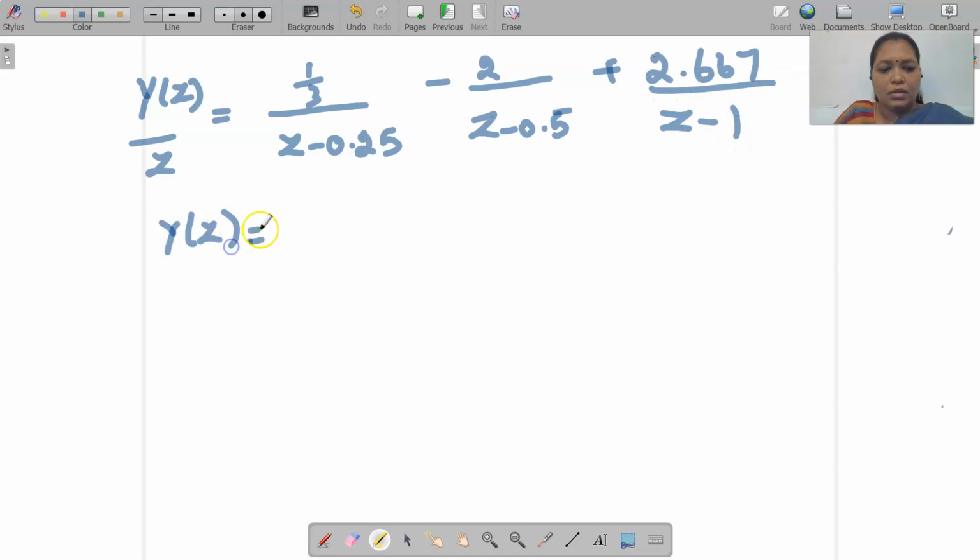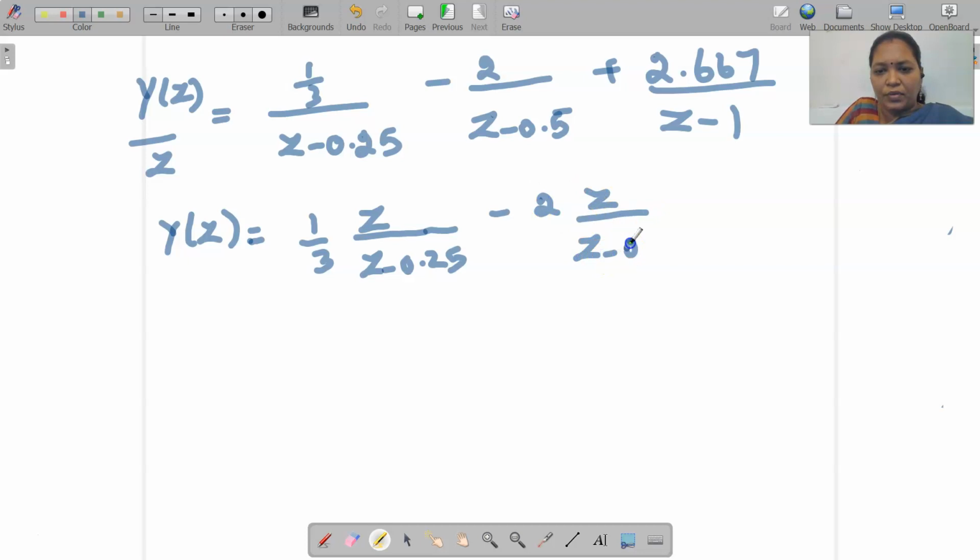Take z to the right hand side. So y of z becomes 1 by 3 z by z minus 0.25 minus 2 z by z minus 0.5 plus 2.667 z by z minus 1.